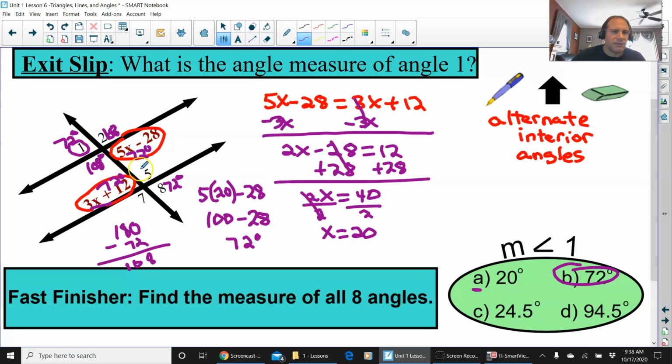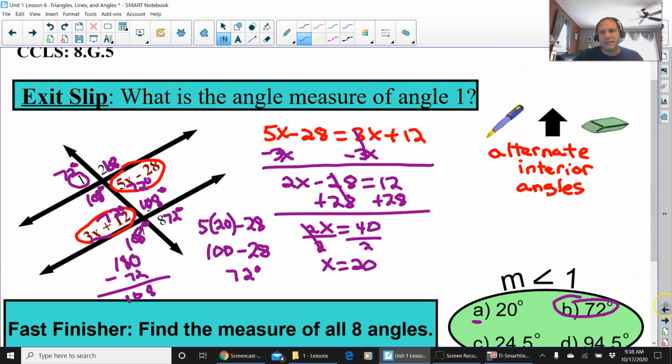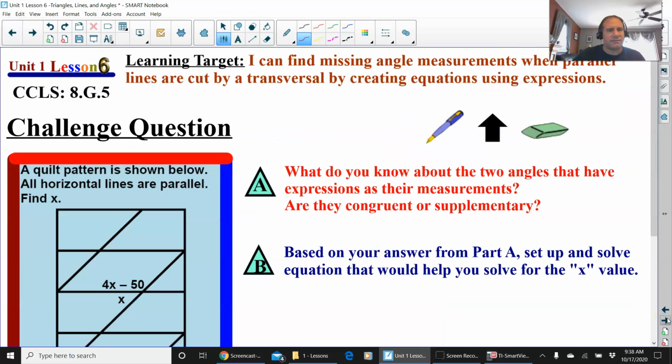Vertical angles, alternate interior angles, vertical angles, and that's it. All right. Hopefully you understand this lesson and this problem. That was the exit slip.